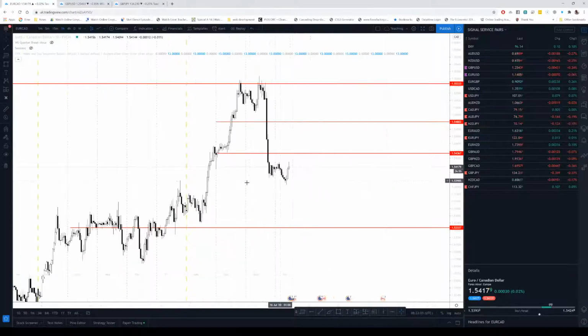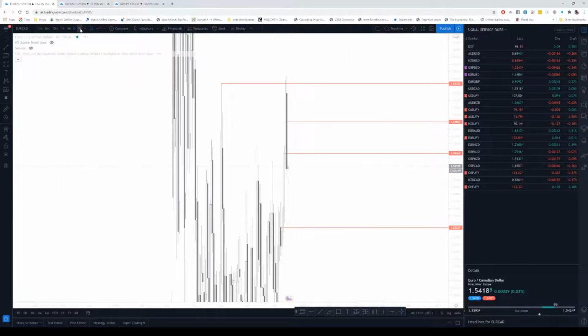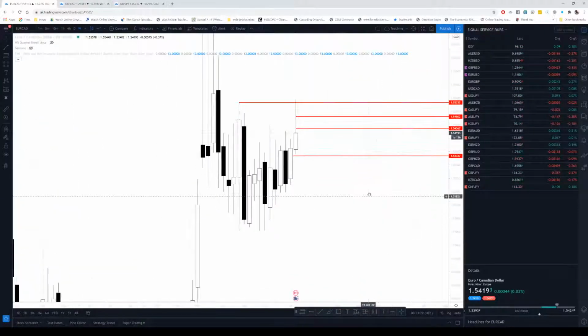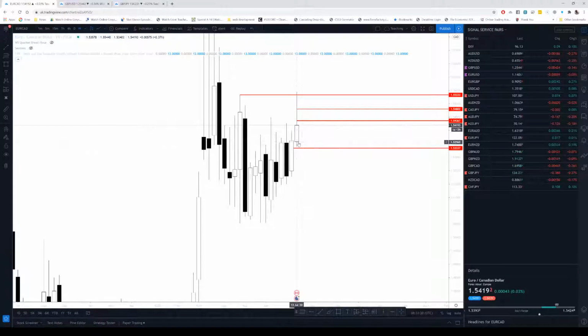We opened on Monday, went up, Tuesday rejection, and we're coming back down. So on the weekly time frame, this is the weekly opening price. Let me go on the weekly and show you. This is the weekly opening price, and price went all the way up and rejected. So can we see price come all the way back down? That's what I'm looking for.